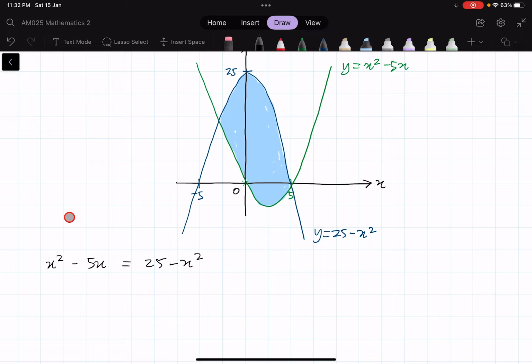So we have 2x squared minus 5x minus 25 equals 0.